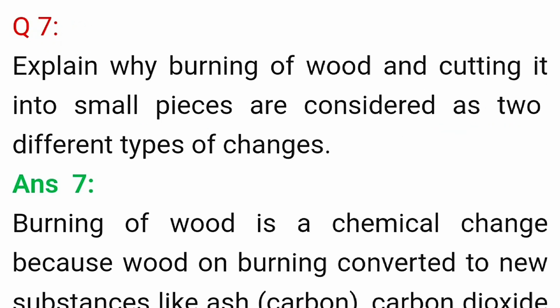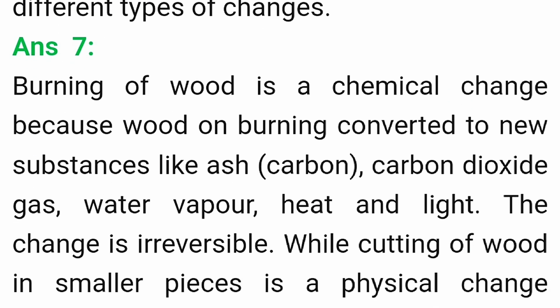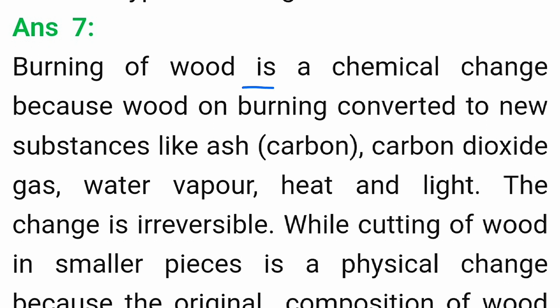Let's see the next, question number 7. Explain why the burning of wood and cutting it into small pieces are considered as two different types of changes. Let's see the answer. Burning of wood is a chemical change, because wood on burning is converted to new substances like ash, carbon dioxide gas, water vapor, heat and light.